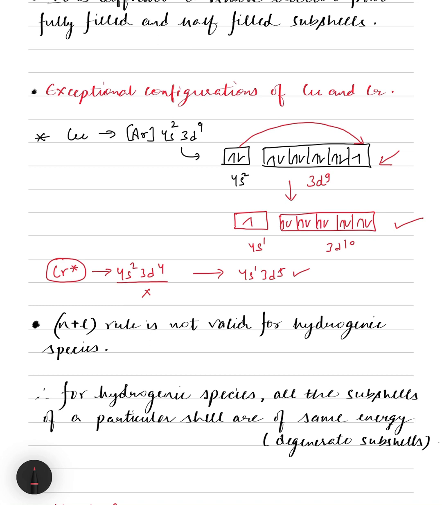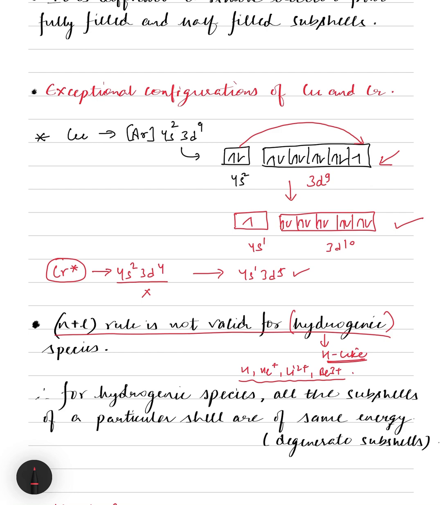In another sense, the n plus l rule is not applicable for hydrogenic species. What are hydrogenic species? We can say they are hydrogen-like species, like He+, Li2+ or Be3+. For these kinds of species, this rule is not applicable.